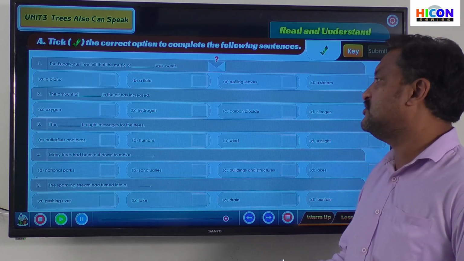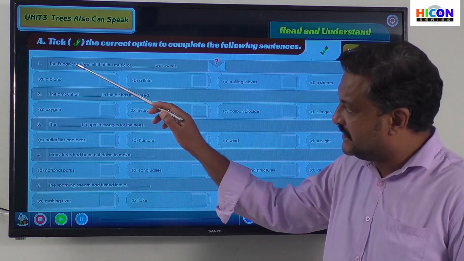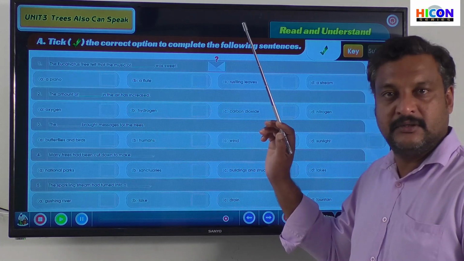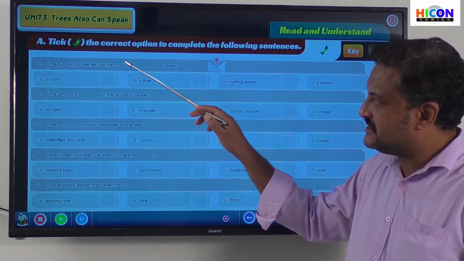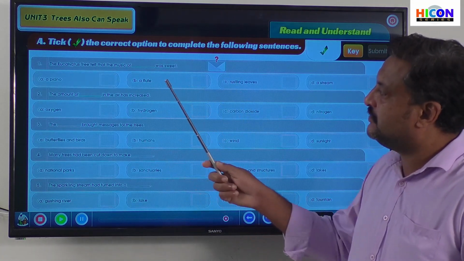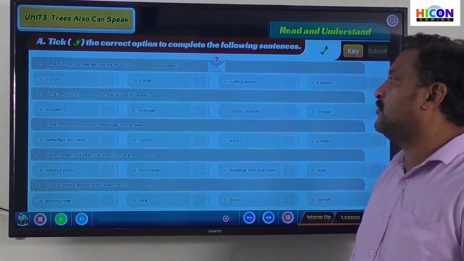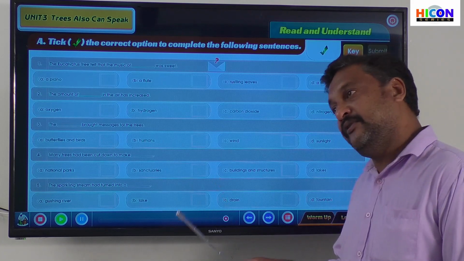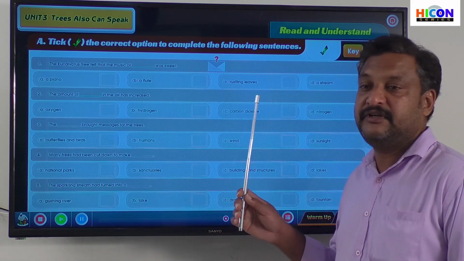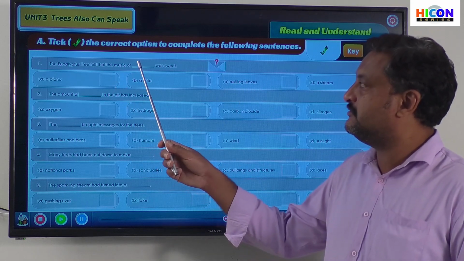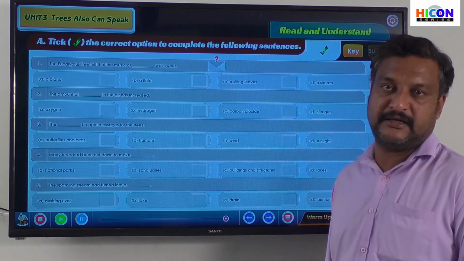So now what we need to do is read the given sentence first. Check with the options that we have got over there, and based on what we have learned in the lesson, we need to identify the correct option with which we can complete the blanks.